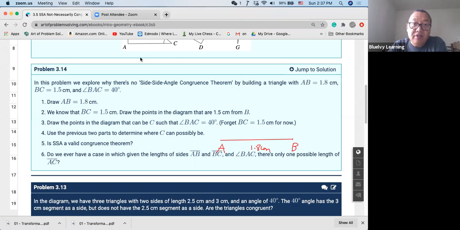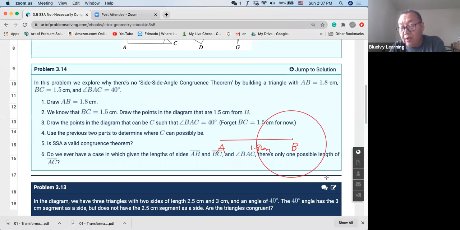To draw this, you just need to draw a circle, using point B as the center.